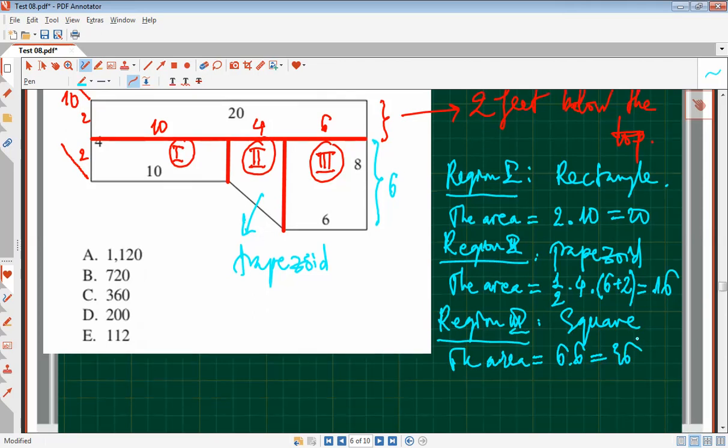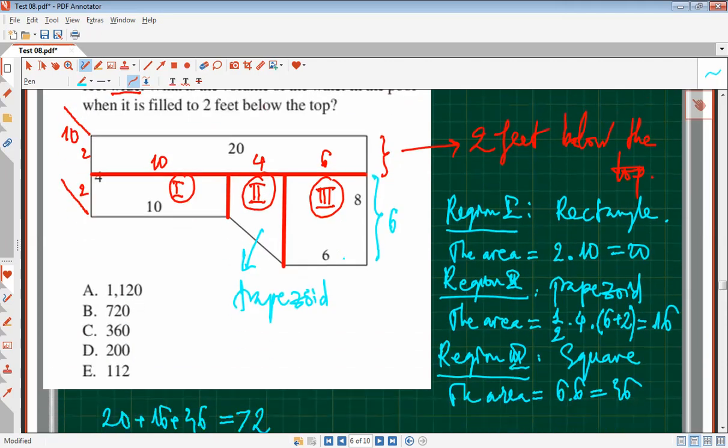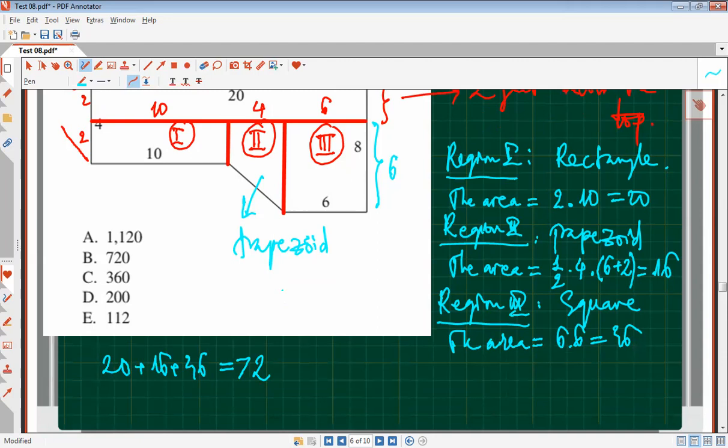And therefore we have the total is 20 plus 16 plus 36, that is 72. The volume required is 72 times the width, that is number 10. That is 720. Option B.